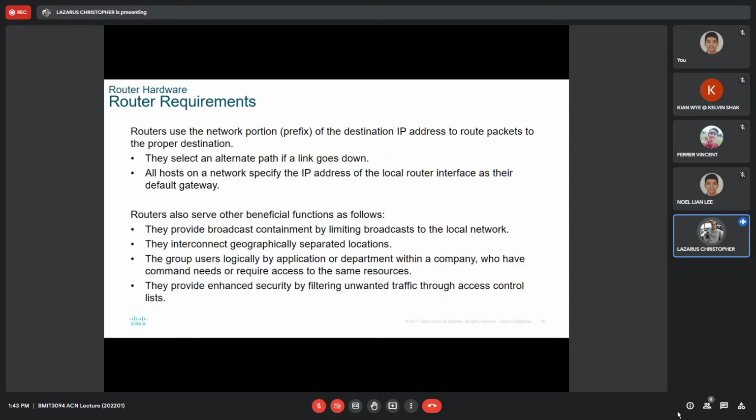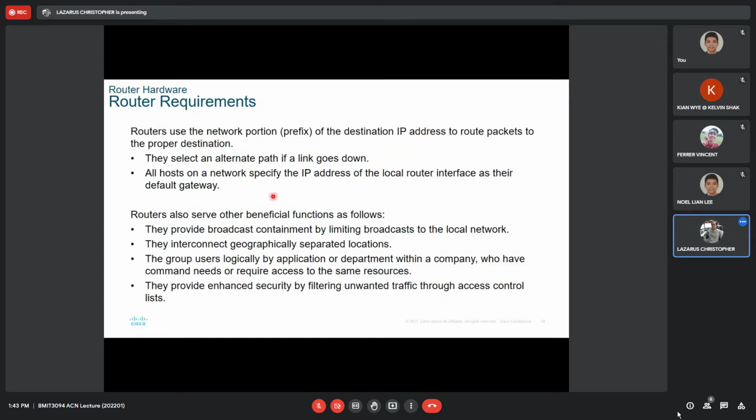One thing you need to know is that the interfaces on the router have to be very high speed, because all the traffic will congregate on this router. So they need to have higher speed interfaces, gigabit and above, to be able to cater for the users' traffic. All the users connect to a switch, and the switch connects to the router. That means the router needs to handle a lot of traffic.